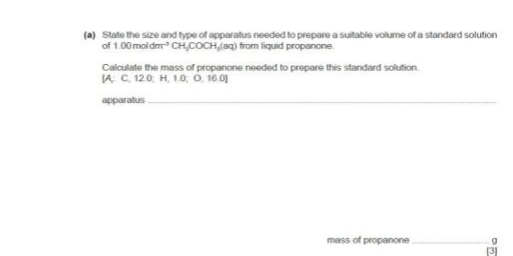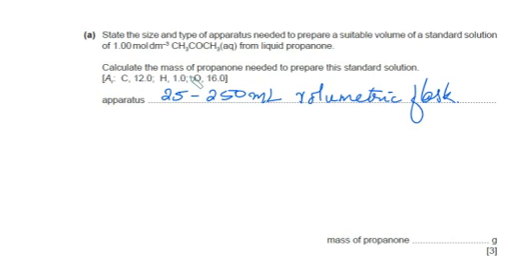Now let's start answering the questions. You can pause the video and read the question. In order to prepare the acetone solution, we'll be using a 250 ml volumetric flask. The next part of the question is concerned with calculation of the mass of propanone used in this reaction.